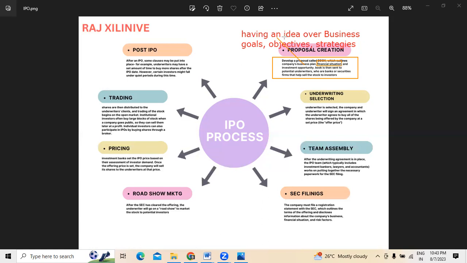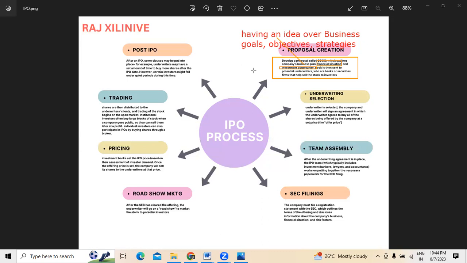Next, the investment opportunities. Investment opportunities means how this can be invested. Because the organization has applied for an IPO for business expansion, for example, if that was their business goal, what kind of investment opportunities they have in future is what is required.